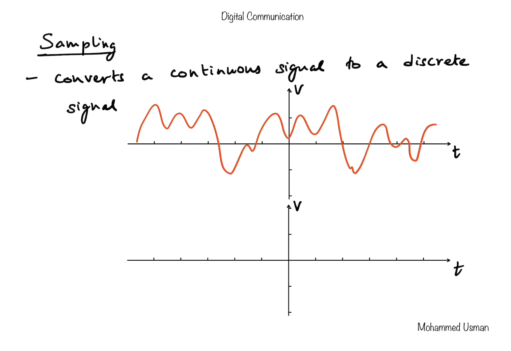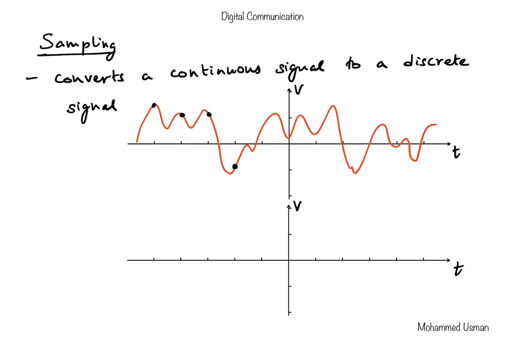The process of sampling would measure the amplitude of the continuous signal at those sampling instants. So at the first sampling instant, the amplitude of the signal is somewhere here. At the second sampling instant, the amplitude is here. And the third sampling instant has an amplitude of this much. At the fourth sampling instant, that's the sample.